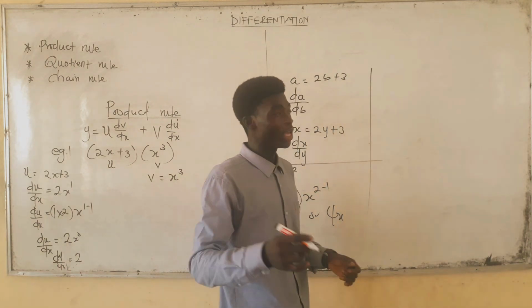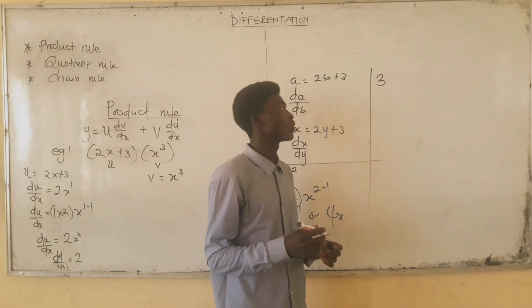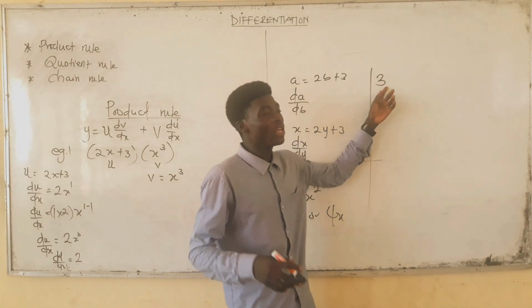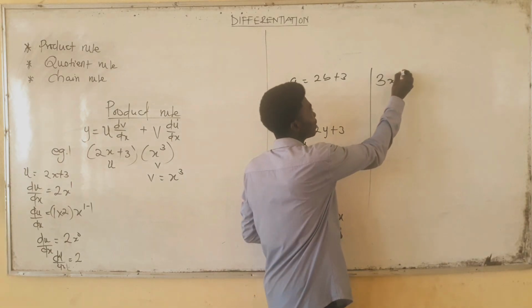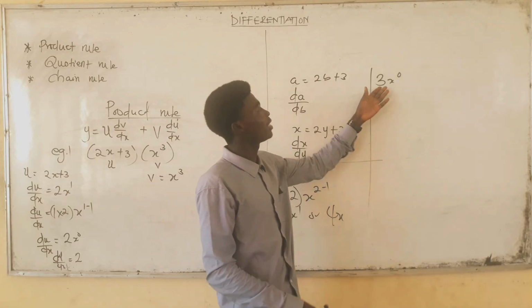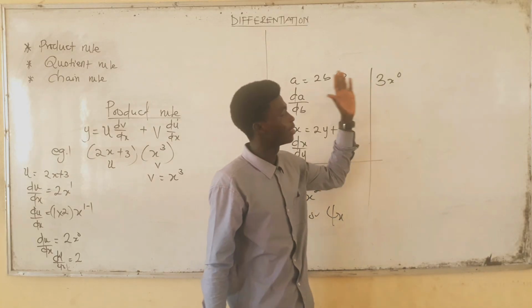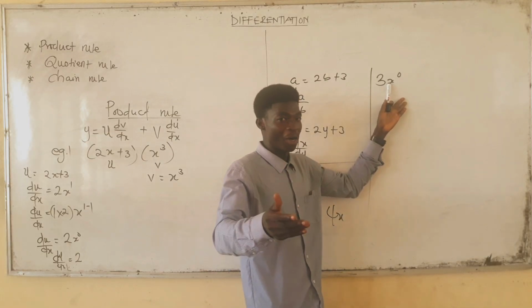So anytime you see a constant, we assume that x is raised to the power 0. This is the assumption, and this is the logic about it. And from this, you are going to use the power rule, right?